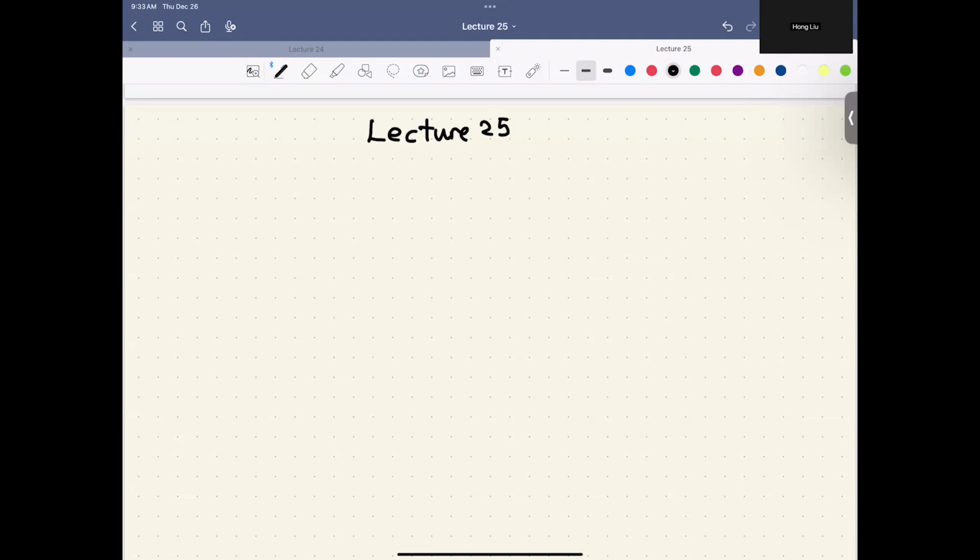So last time we mentioned finding large independent sets in a triangle-free graph, the result of Ajtai–Komlós–Szemerédi. So let's recall this theorem.